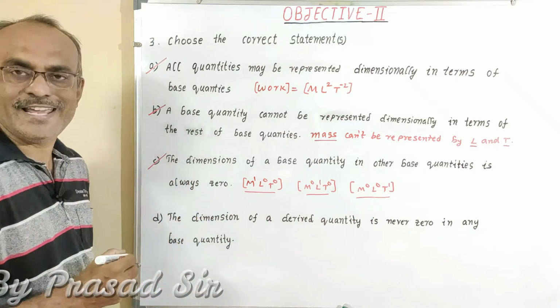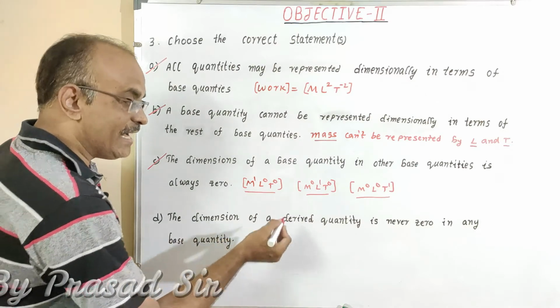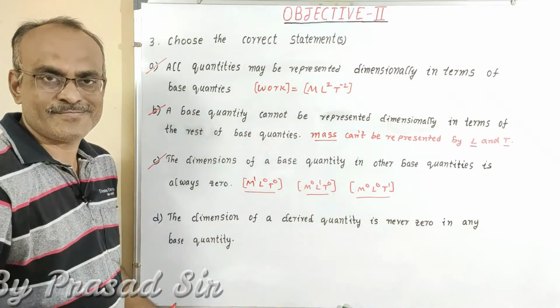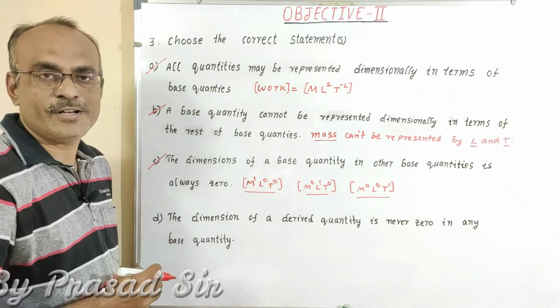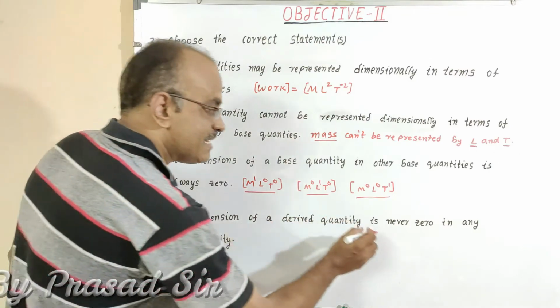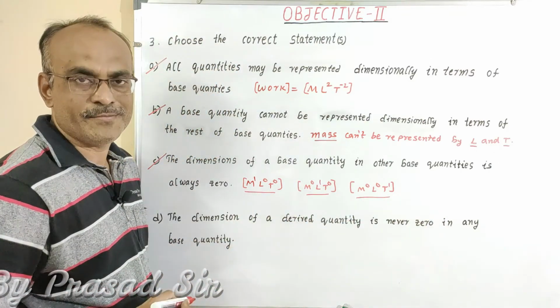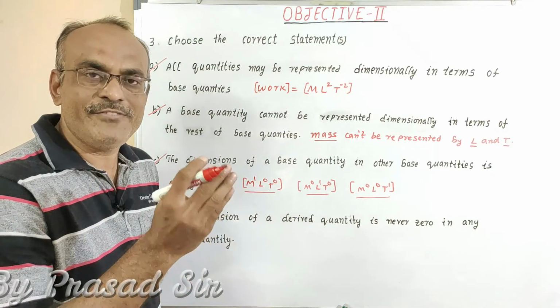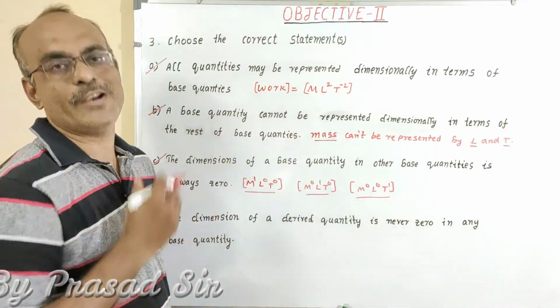Now we will go with the D. The dimension of a derived quantity is never 0 in any base quantity. So this is very important one. But what is derived quantity? The derived quantity which we are getting from the fundamental quantity.